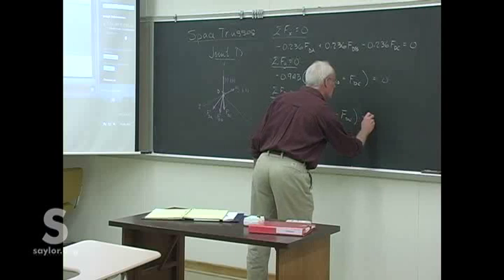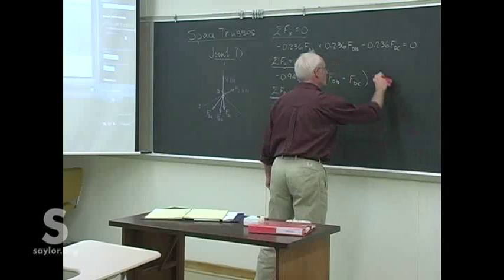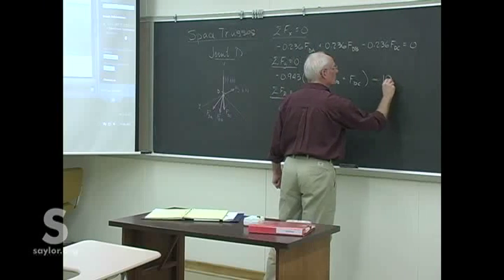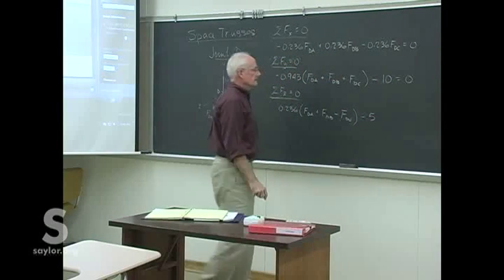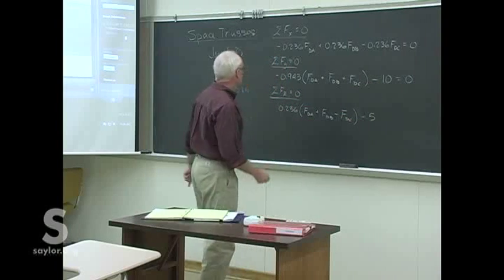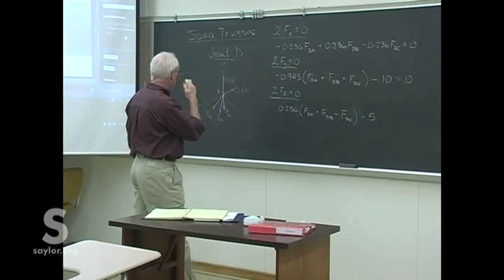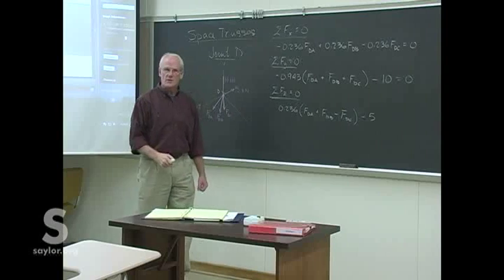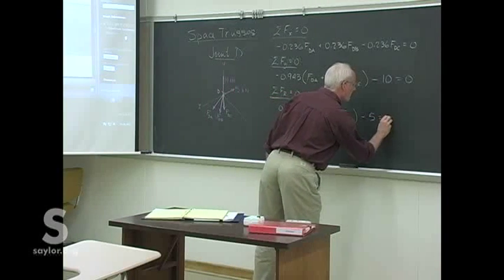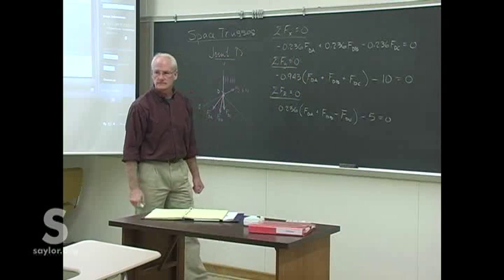In the z direction, we have the 5 kilonewton force. In the y direction, we have to add the 10 kilonewton force. So make sure you get the minus 10 on the y direction and the minus 5 on the z direction. Yeah, both of those are in the negative direction. And that equals 0.